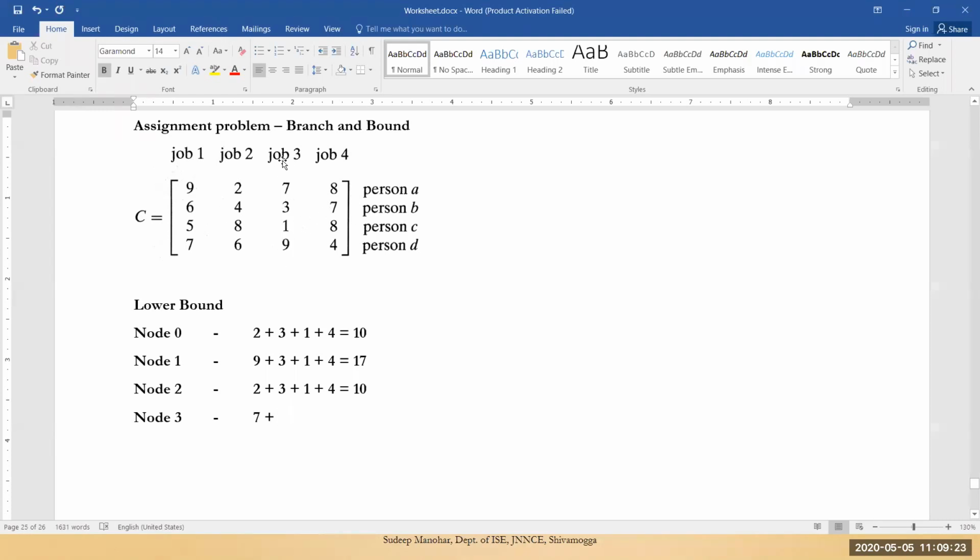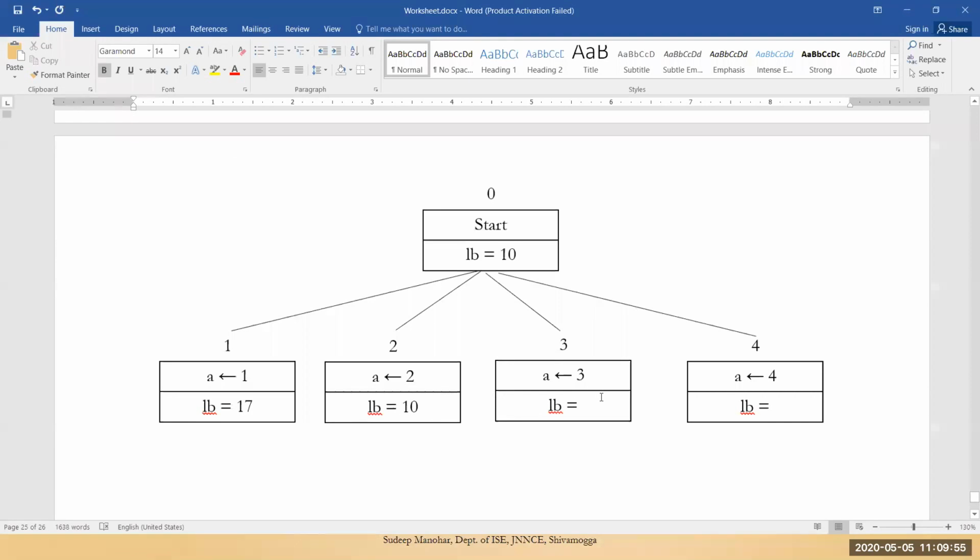Don't consider the third column because it is allotted for person A. In the remaining, 4 is minimum. And for person C, 5, 8, 5 is minimum. And for person D, 7, 6, 4, 4 is minimum. The total, 7 plus 4, 11, 11 plus 9 is 20. So node 3, we will get the value of 20.